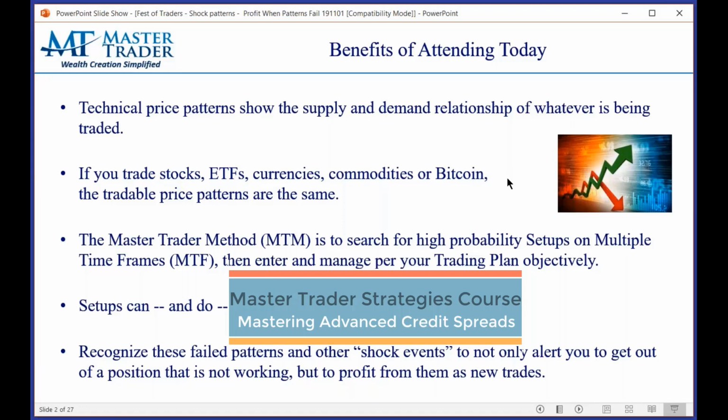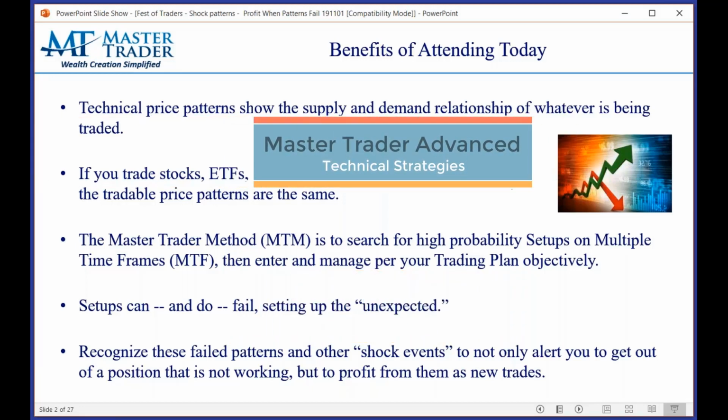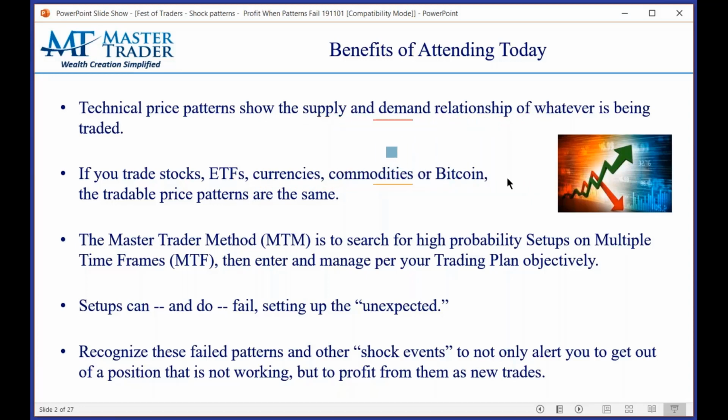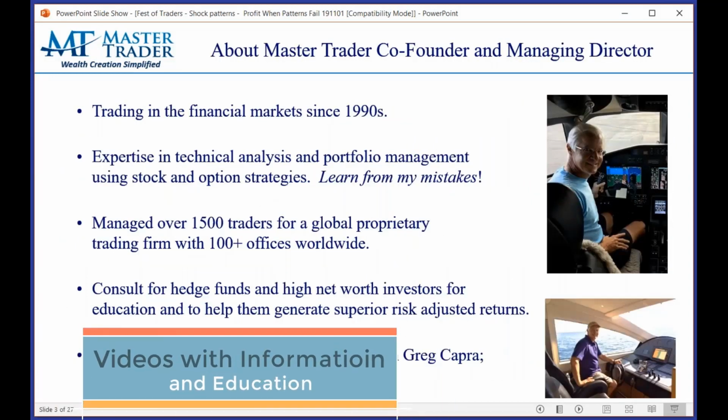But with 85% accuracy, why on earth would you not want to stack the odds in your favor of having a bias before you put on the proper stock or option trade? So I'm going to show you these. Not only if you're in the trade, but more importantly, to recognize when the pattern has failed to create new opportunity for us.